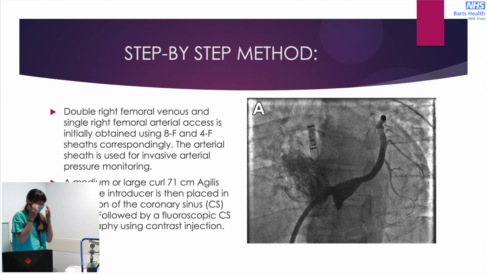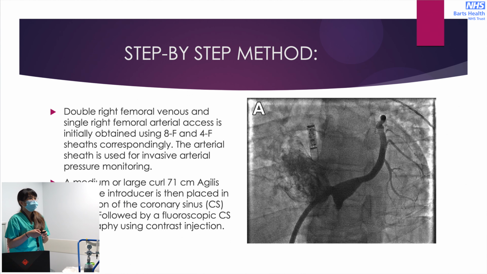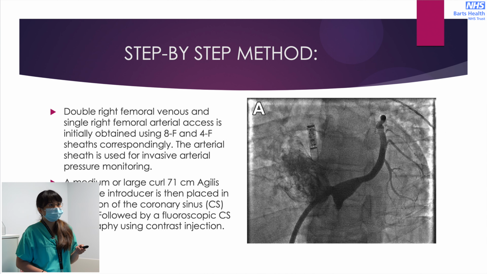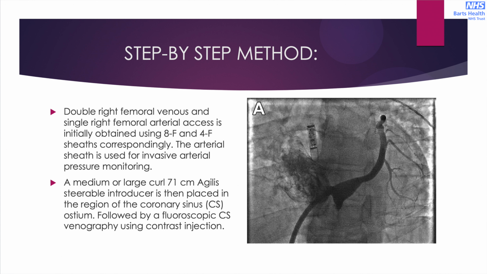So this is now the step-by-step method. You will have dual access in the right femoral vein, an 8 French sheath that will be used for the Agilis catheter, and a 4 French for arterial monitoring. The medium or large curl Agilis will be used to cannulate the coronary sinus, and then you do CS venography using contrast injection.